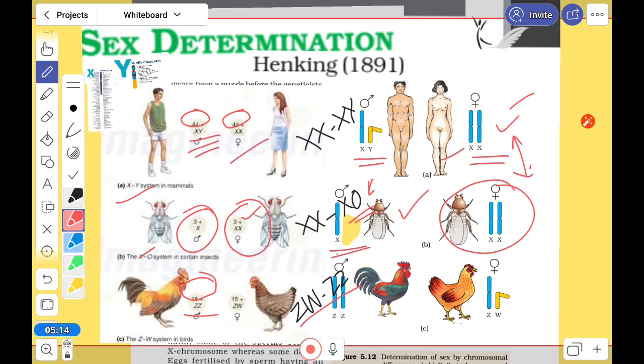It means that when sperm is produced by the bird, the sperms are the same type, whereas in the female the ovum is hetero. So when an egg is produced by the bird, it has different types: 50% Z containing and 50% W containing. Butterflies, moths and birds are of this type.